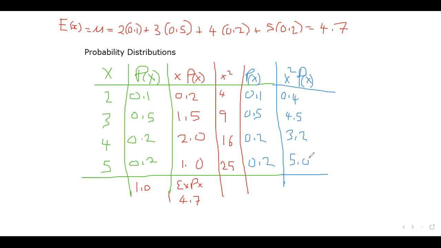So when we add all these, we ultimately get 13.1. So this is called the summation of x squared px. So we get 13.1.